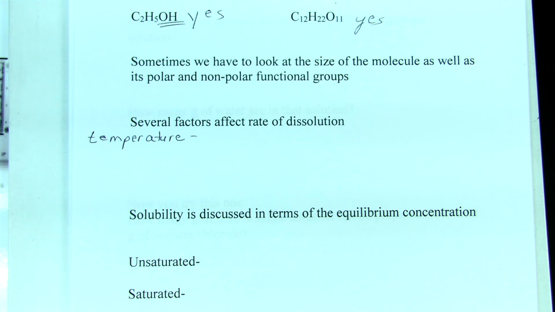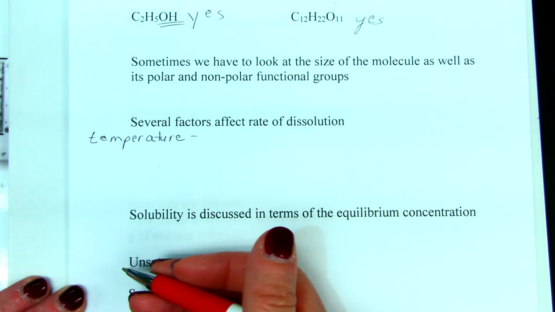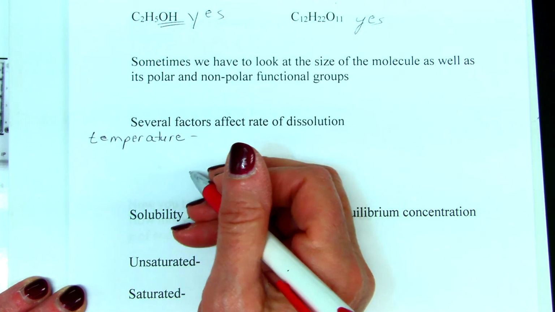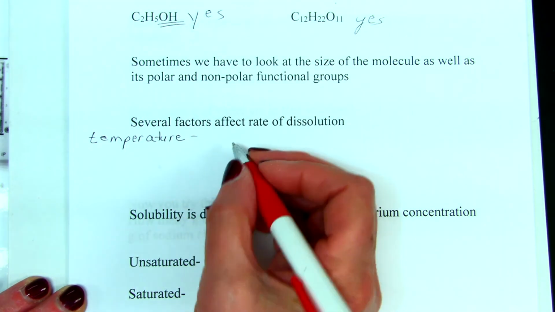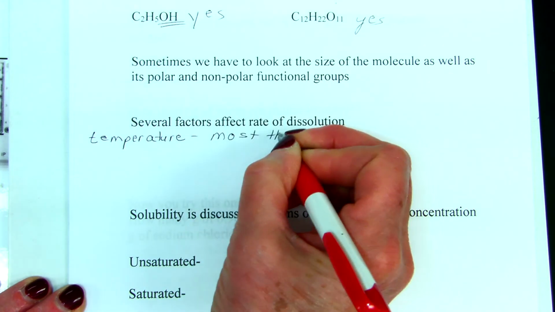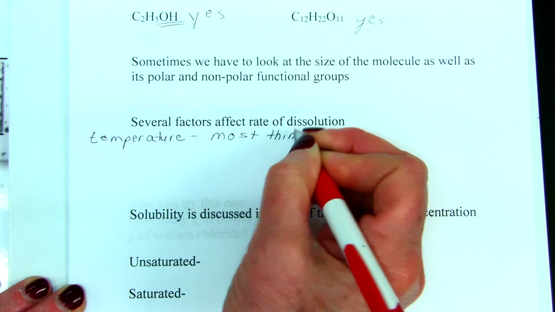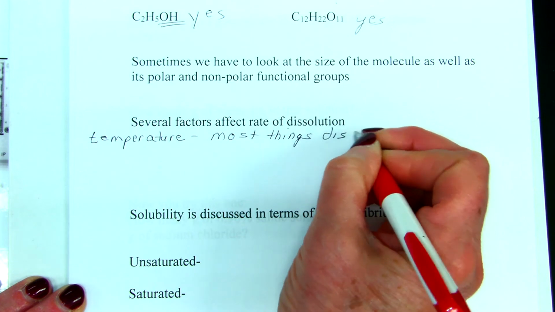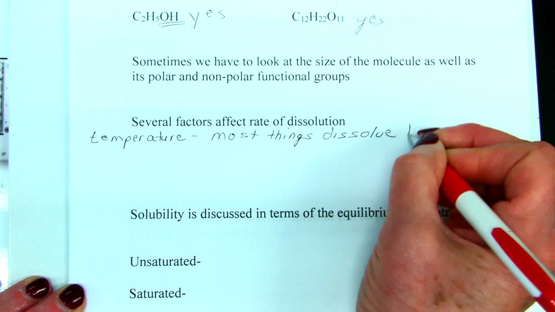You start off with all that sugar in the pan and a little bit of water and the Karo syrup in there. What happens to the solubility of the sugar as you start cooking your candy? It goes up, right? So generally, temperature increases the solubility and the rate at which something dissolves. Most things dissolve better at high temperatures. There are a few bizarre exceptions, but we don't cover those in Chem 101.